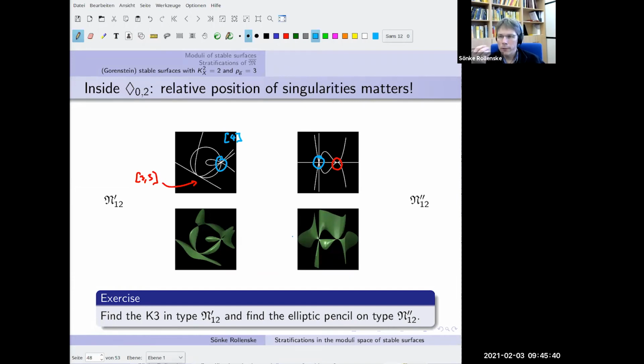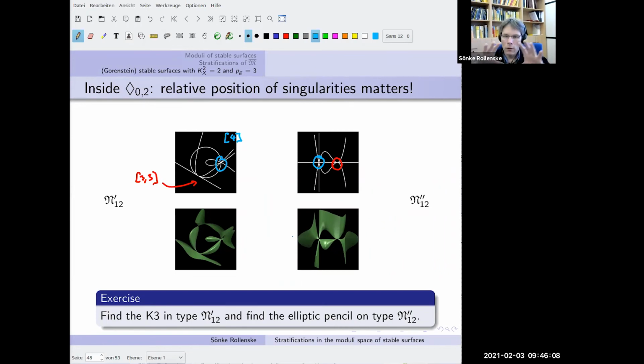Again, Radu alluded to this. So these surfaces, they are double covers. So if you lift the involution to the resolution, then you should think that the K3 surface that occurs should also be a double cover of a rational surface.